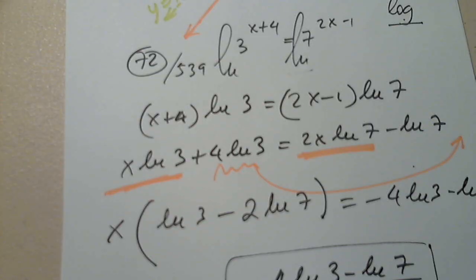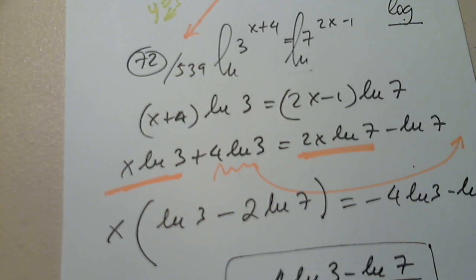Remember parentheses. A lot of parentheses here. Parenthesis for the top, negative 4, natural log 3, close, minus natural log 7, close, and close again for the top.